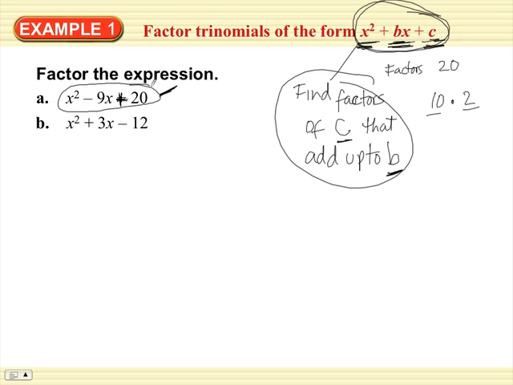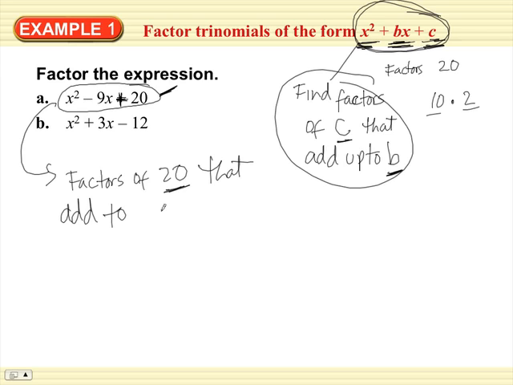Let's just write it out in words: factors of 20, factors of c, that add to negative 9. So those are the keys. Make sure you bring the signs with it. That was positive 20. That was minus 9, but we change it to negative 9. That add to negative 9.